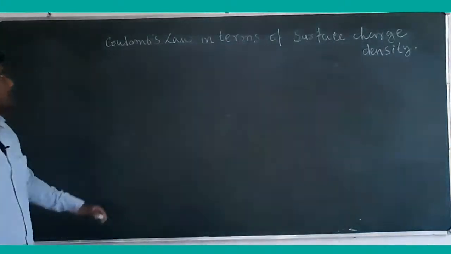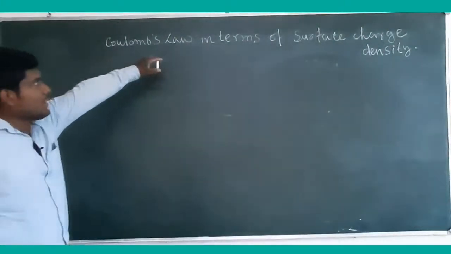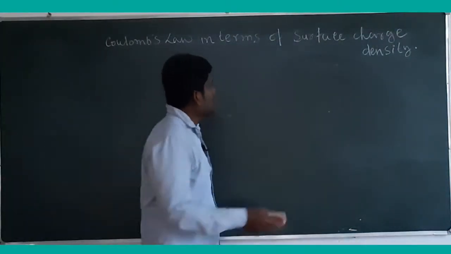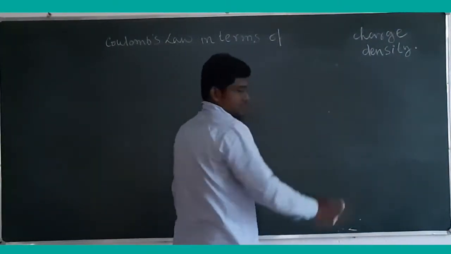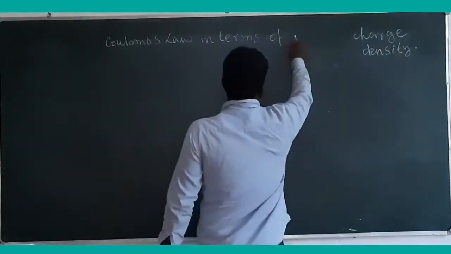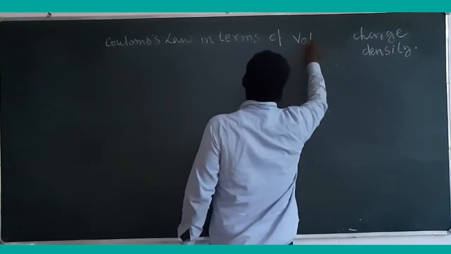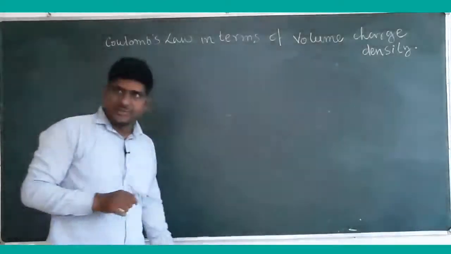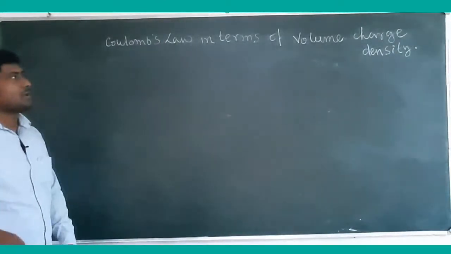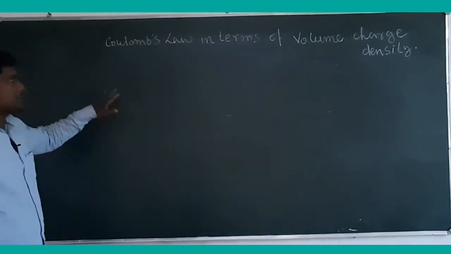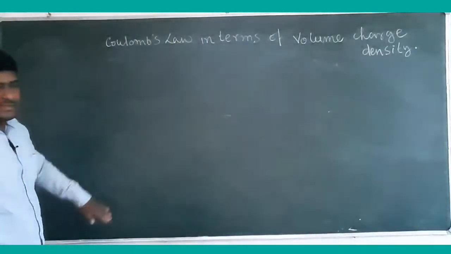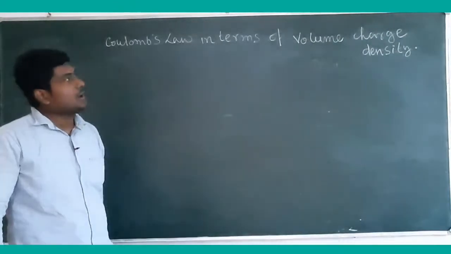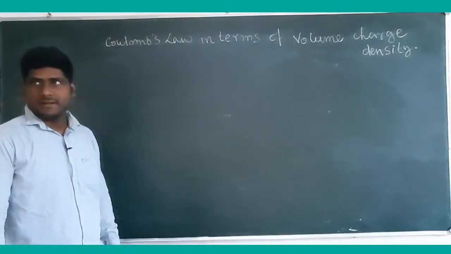Next we will see Coulomb's law in terms of volume charge density. So first of all, to understand this concept, we will first learn the concept of volume charge density.